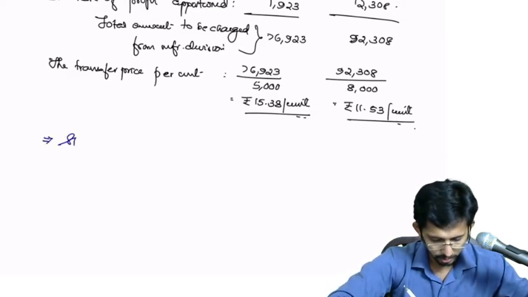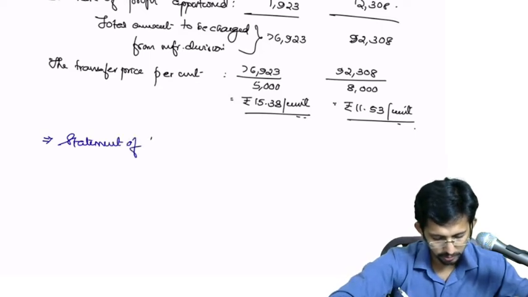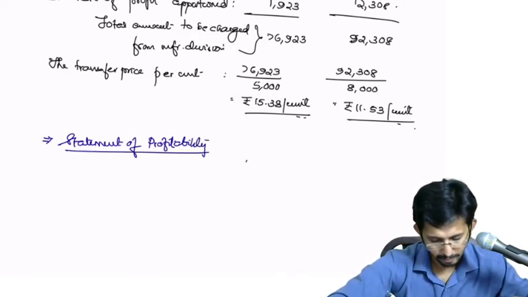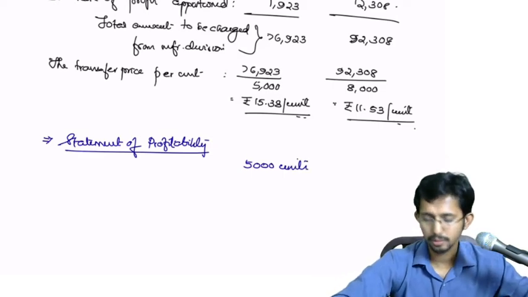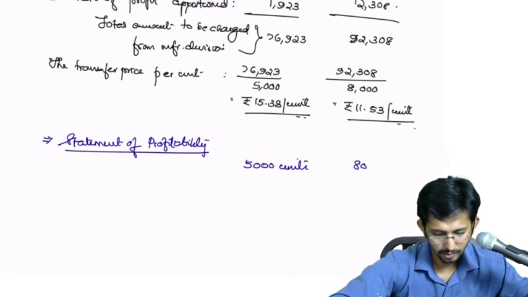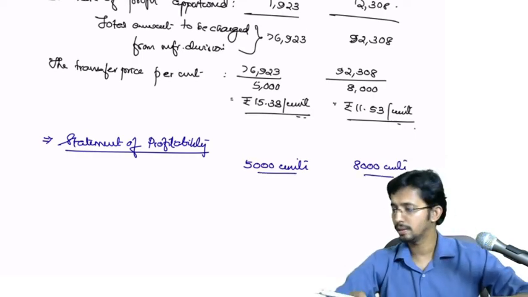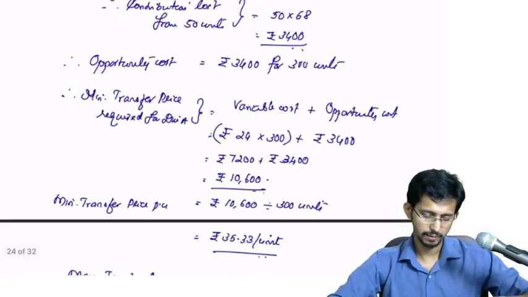Okay, so statement of profitability, 5000 units, then 8000 units.